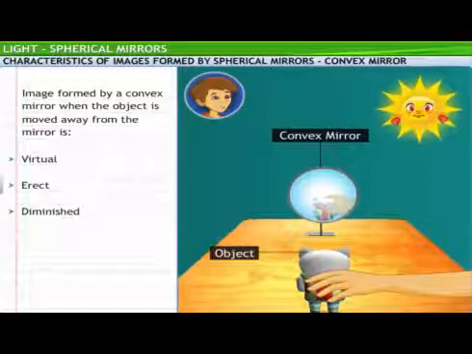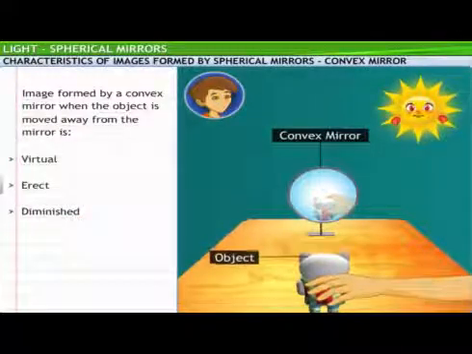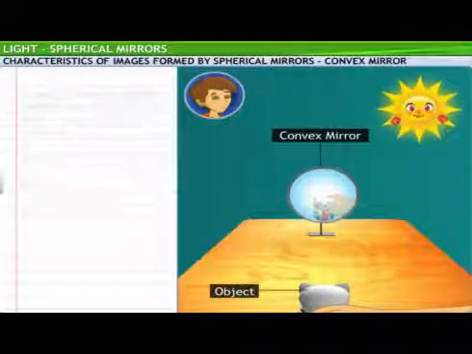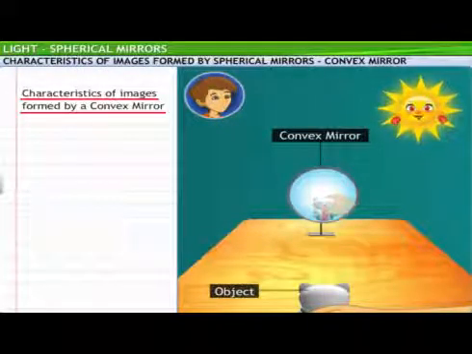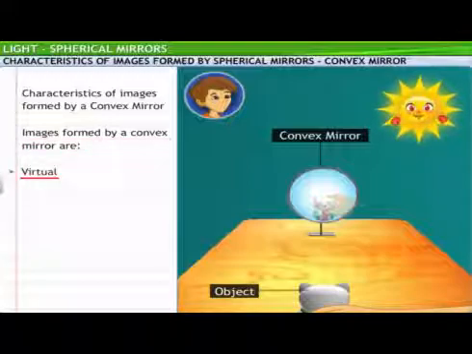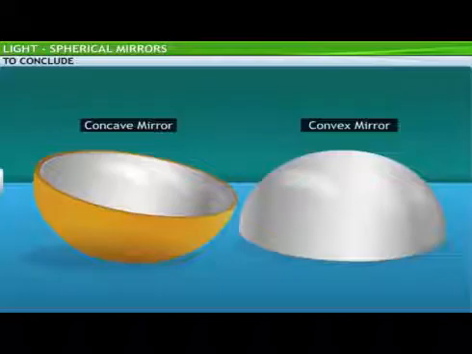As I continued to move the toy further away, the same type of image that I saw earlier was formed. That's good, David. So, you see that the images that are formed by a convex mirror are virtual, erect, and diminished. This brings us to the end of the lesson on spherical mirrors.